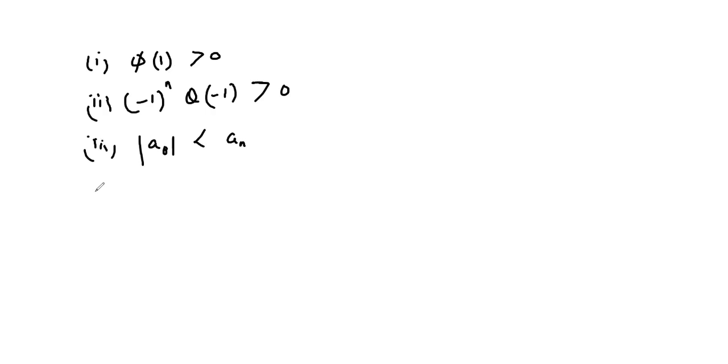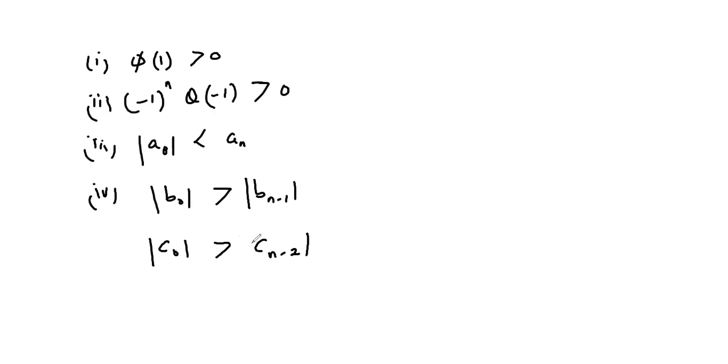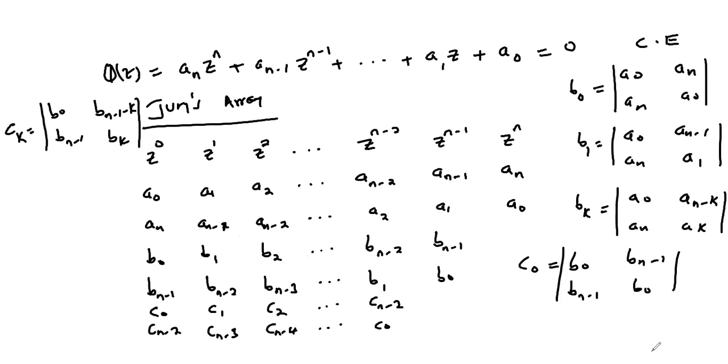Next, once we have the jury's array, number 4 is that the magnitude of B0 must be greater than the magnitude of Bn minus 1. The magnitude of C0 must be greater than the magnitude of Cn minus 2. That means the magnitude of B0, the first term, must be greater than the magnitude of the last term.